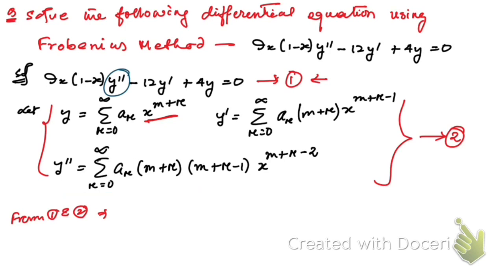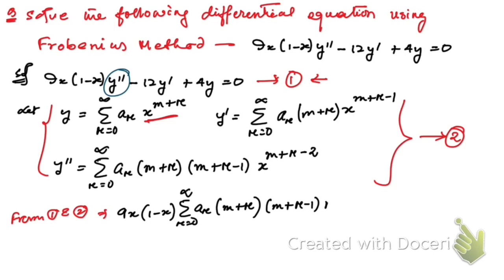So 9x(1 minus x) y double dash becomes summation r equal to 0 to infinity a_r, m plus r, m plus r minus 1, then x to the power m plus r minus 2, right?